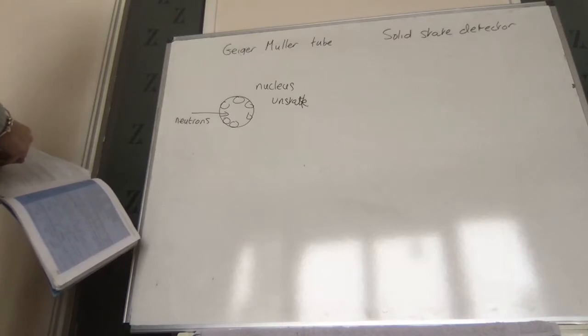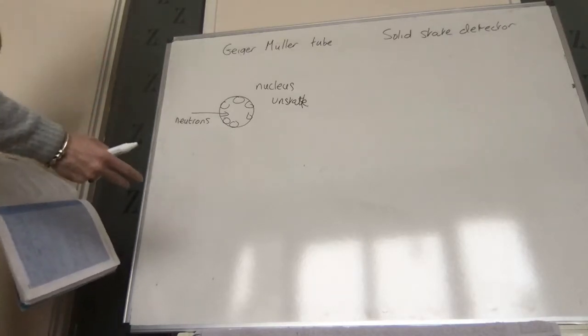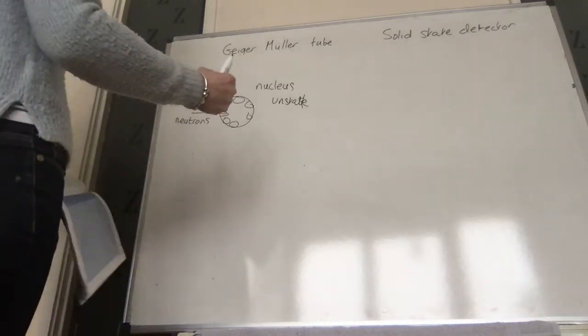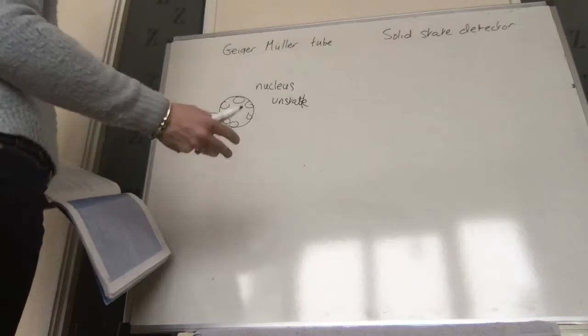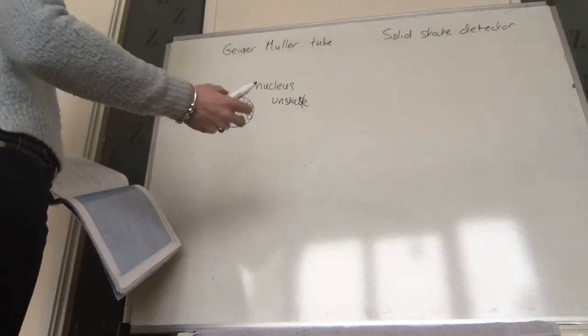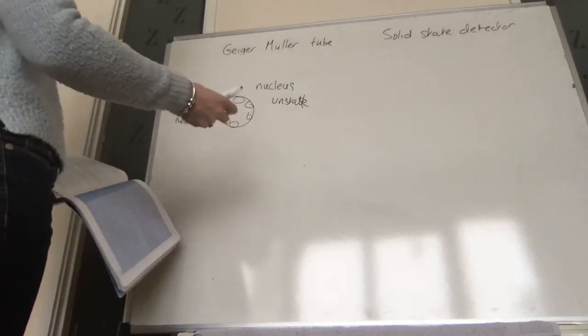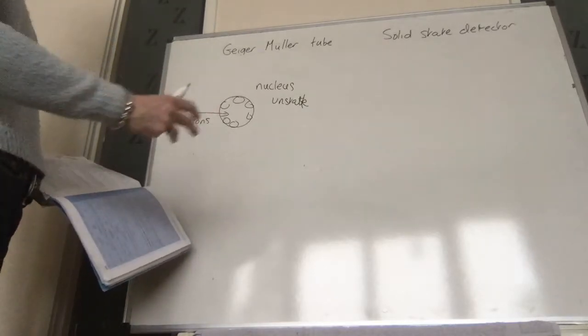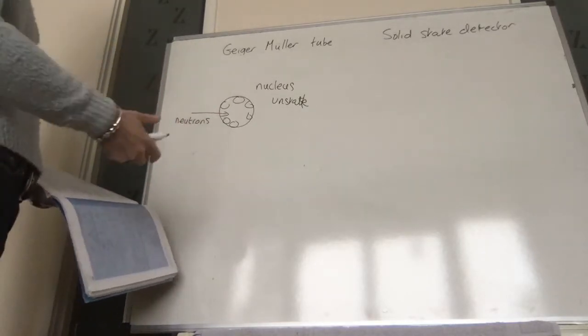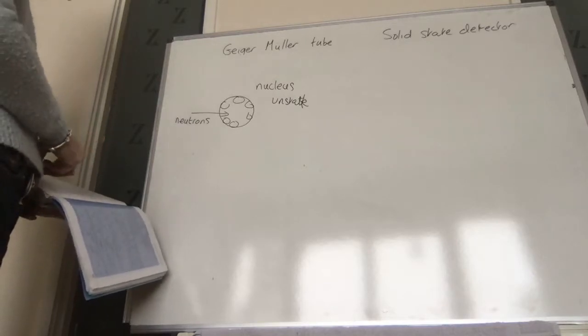You can use radiation because radiation affects cancer cells more than it affects good cells. So if you fire radiation at an area that has cancer cells, the cancer cells will be affected much worse than the good cells around it, and you're basically destroying cancerous cells.